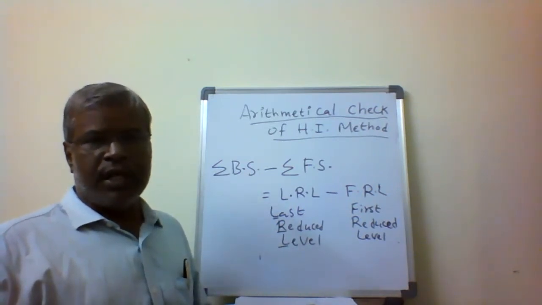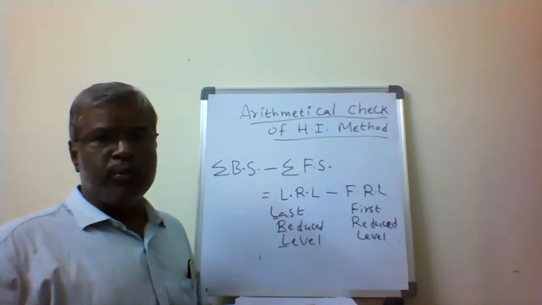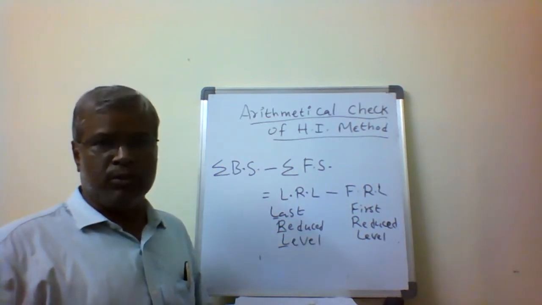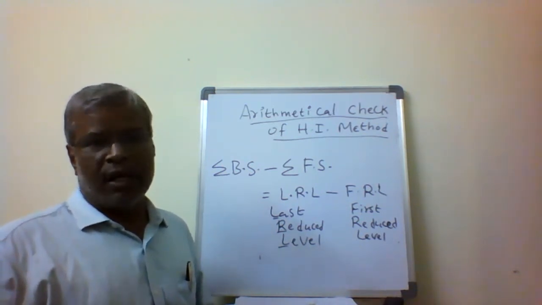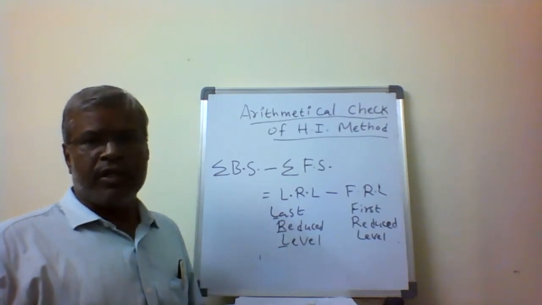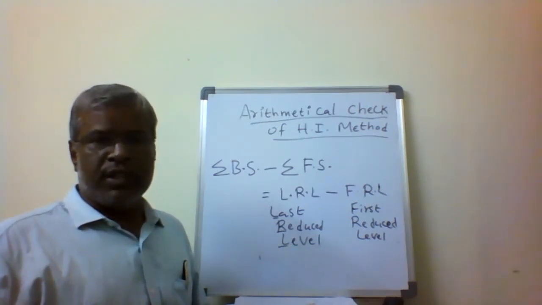We have already calculated the reduced levels from the staff readings. Once we have calculated the reduced levels of all the points, only then do we apply this arithmetical check of the height of instrument method, to verify whether the calculated elevations are right or not.